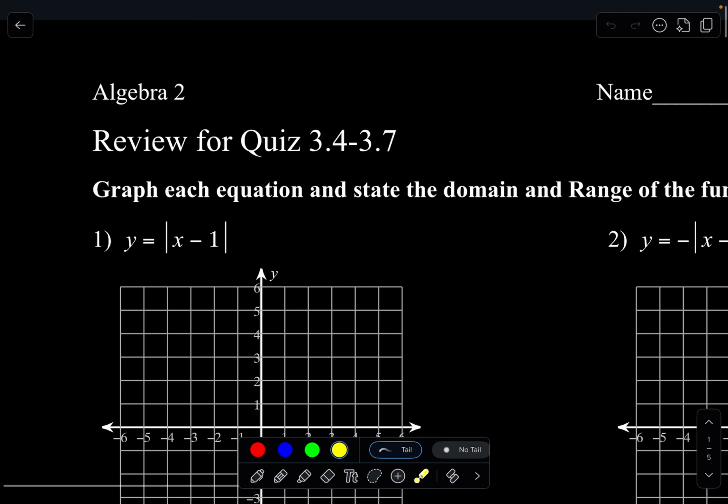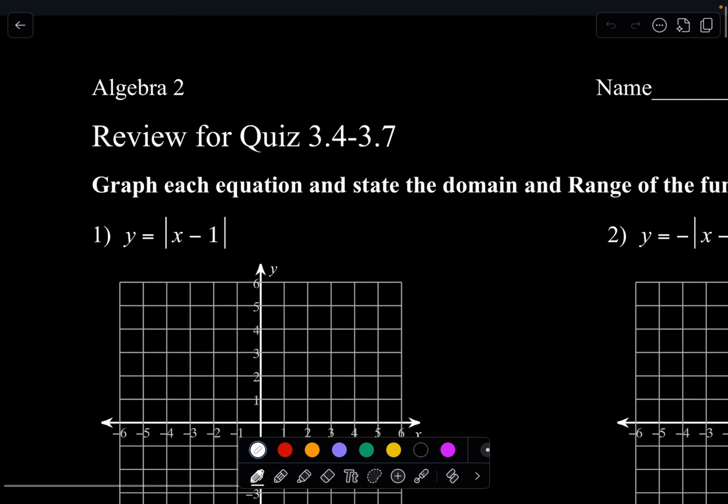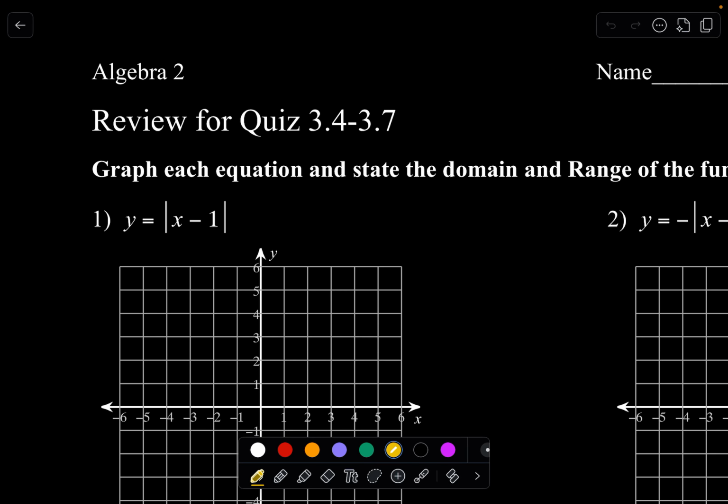First of all, when it says graph each equation, you have to be given the equation, like in this case, the absolute value. You have to recognize, hey, that's an absolute value, and your mind should instantly go to what the graph should look like, which is a V, right? And the key is to find where the tip of that V is, the vertex.